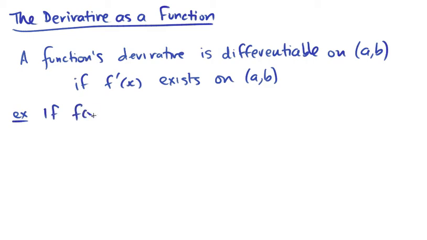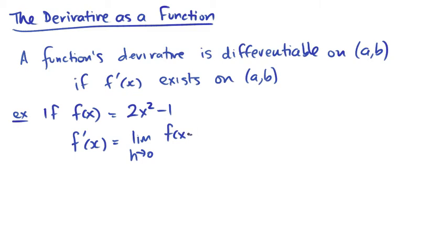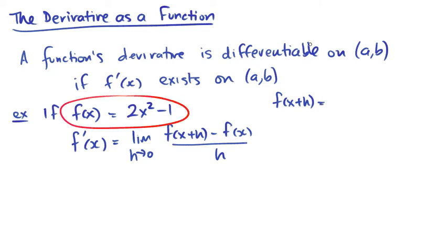If we start off with a function 2x squared minus 1 and try and calculate its derivative, we end up using the limit formula as h goes to 0 of f of x plus h minus f of x, all divided by h. I find it useful to actually write out what f of x is here, but also to list out what f of x plus h is, so that I can just substitute it in.